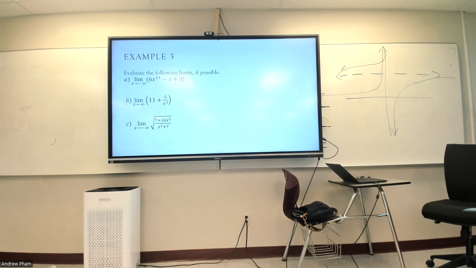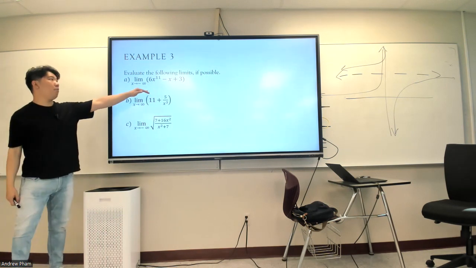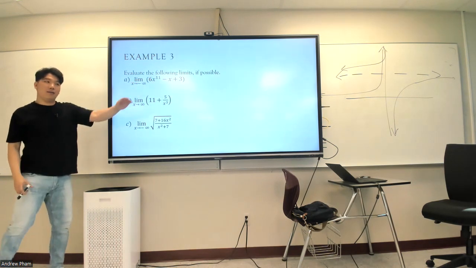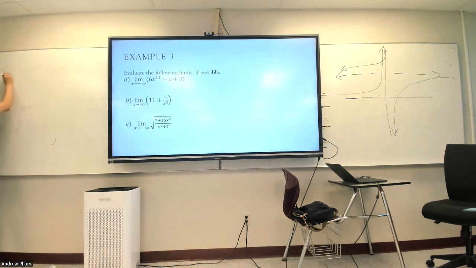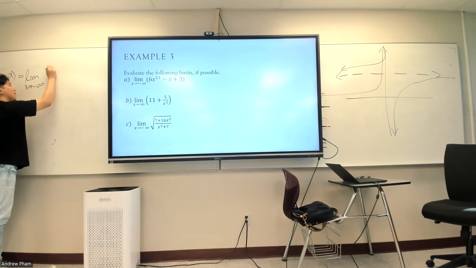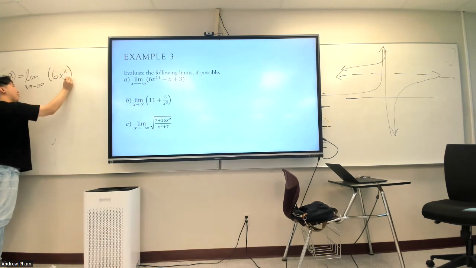And the great thing about taking the limit as x goes to infinity or negative infinity of a polynomial is that, as it turns out, we really only care about the biggest term, 6x to the 11th power. In other words, this part A, we can just say that this is equal to the limit as x goes off to negative infinity of 6x to the 11th power.